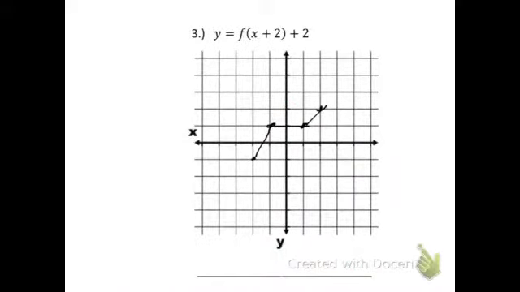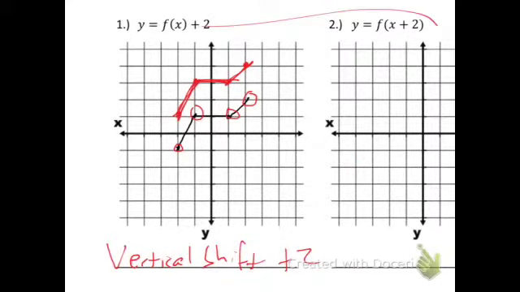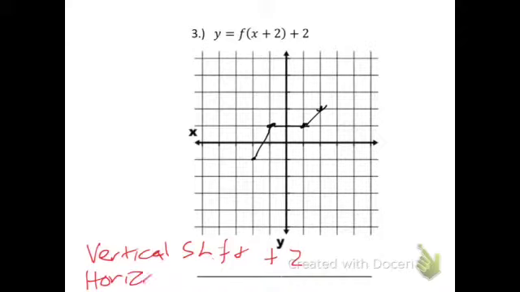On 3, you notice it's got 2 different transformations, and it's a combination of both of the ones we just did. And so it is both a vertical shift of plus 2, and a horizontal shift of negative 2.